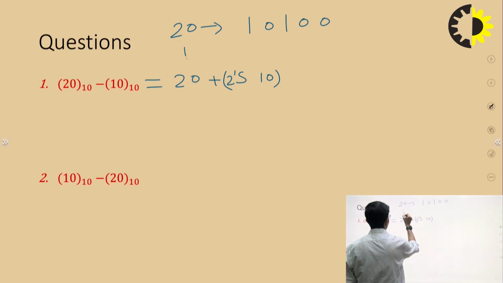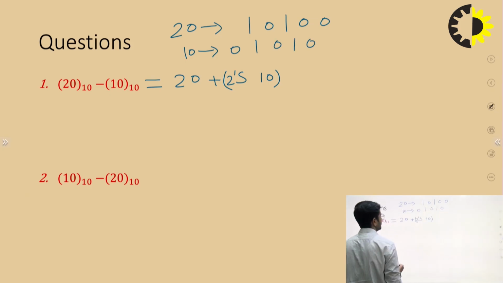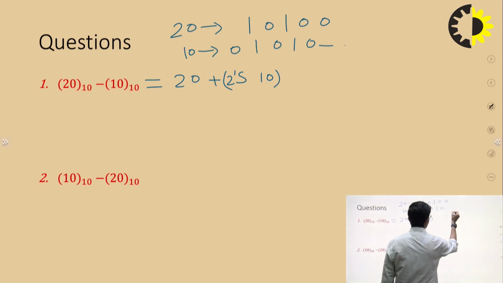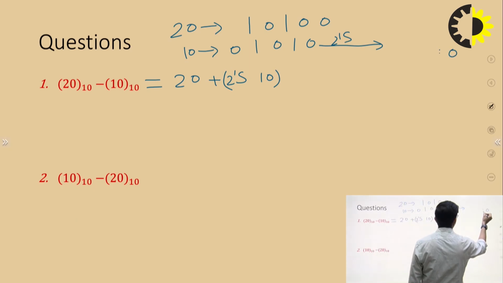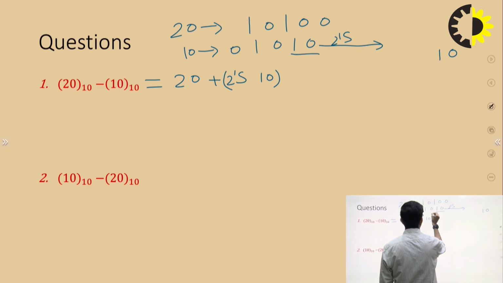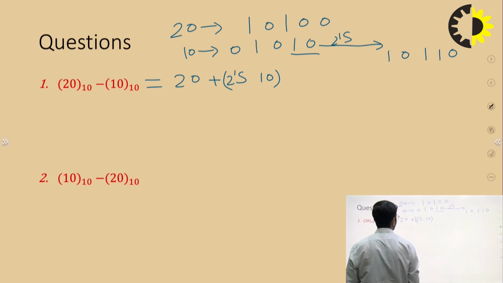And binary of 10 is 1, 0, 1, 0. Now we have to take the 2's complement of 10. If we use the direct method, we copy the bits up to the first one, that is here. Then after that we take the 1's complement, that is 1, 0, 1. So this is the 2's complement of 10.